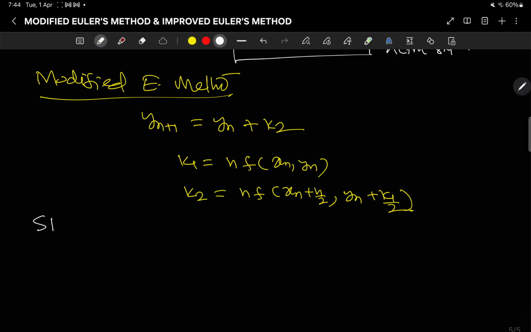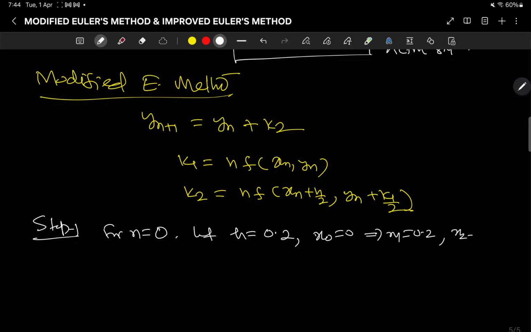Let my step 1 be for n equal to 0. What is your k1? Let h be equal to 0.2. So x0 is given as 0, which implies x1 is 0.2, x2 is 0.4, and y0 is given as 1.